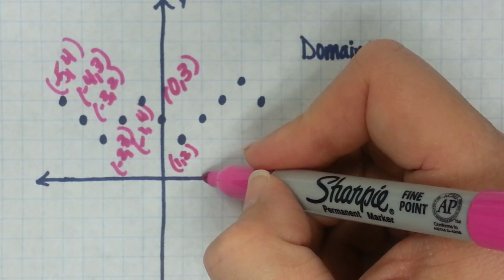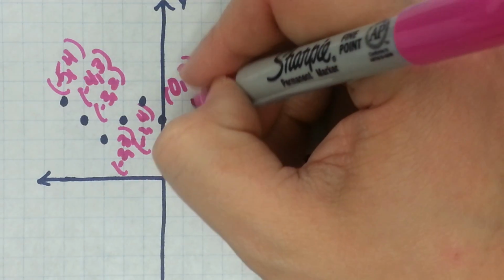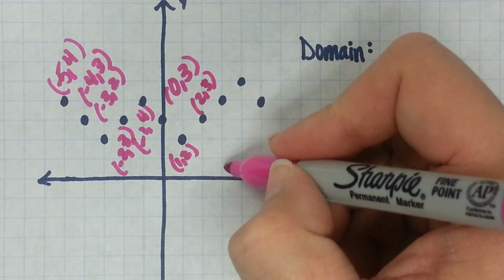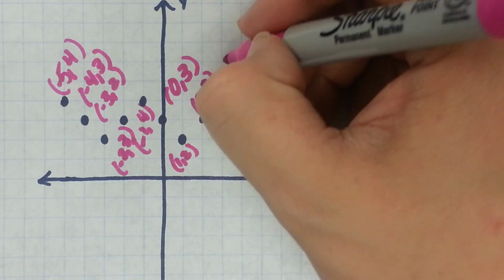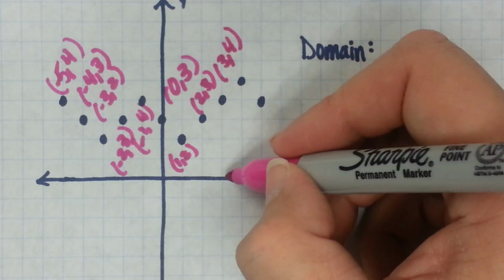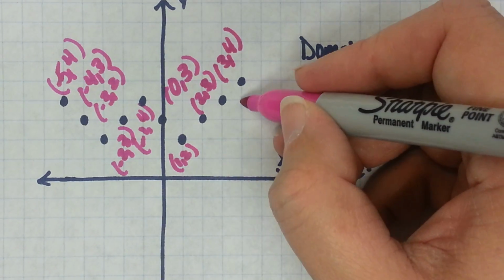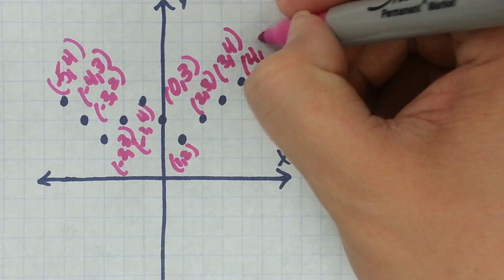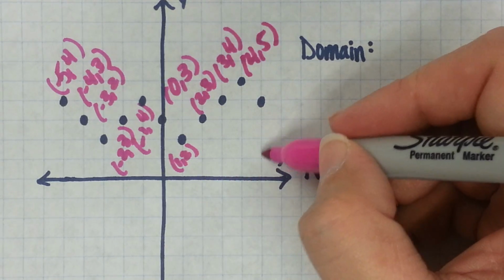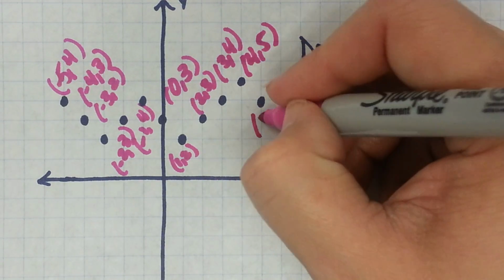Next one is 2, 3. Next one is 3, 4. The next one is 4, 5. And the last one is 5, 4.